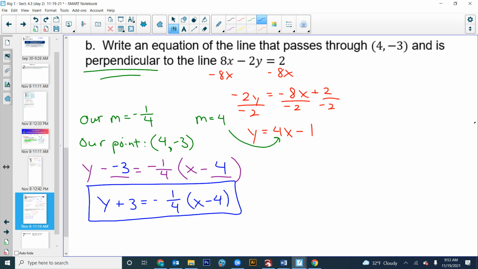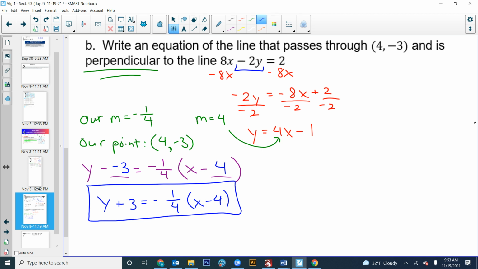Matthew, you good? Another mistake I saw on the last quiz: when you subtract 8x, do you guys agree this -2 is still with the y, right? Be careful there.